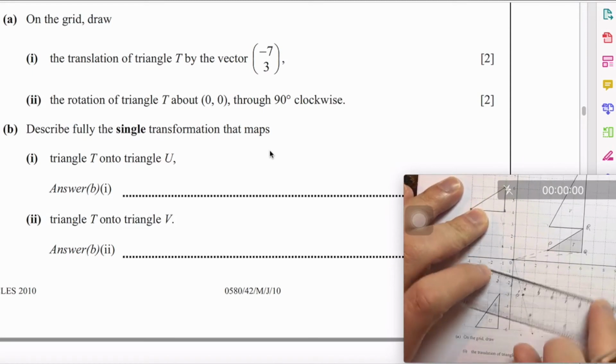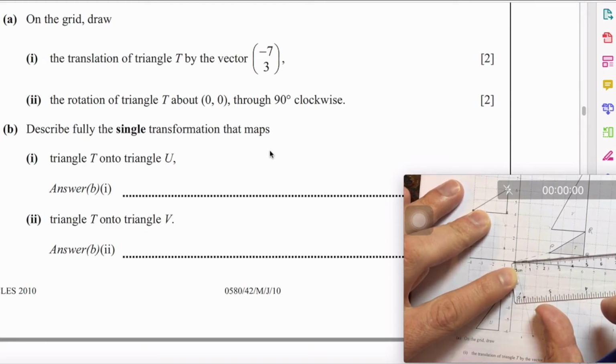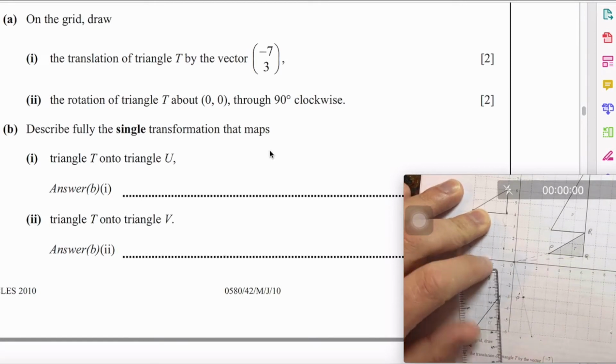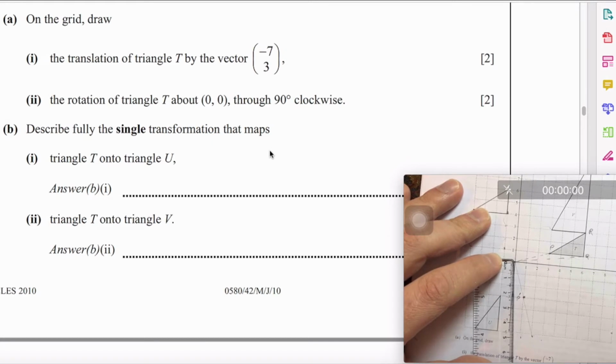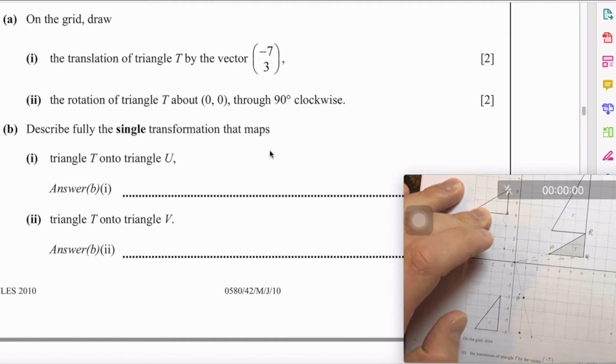Then I forgot to measure. It is 4.8. So on this line, separate 4.8, which will be here.